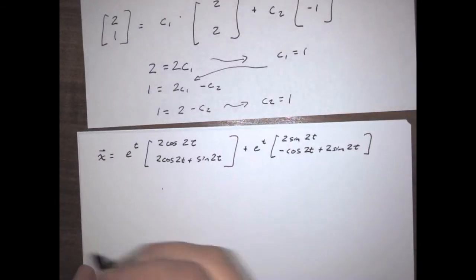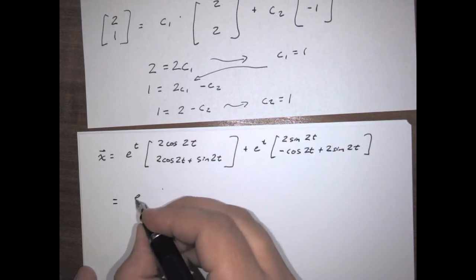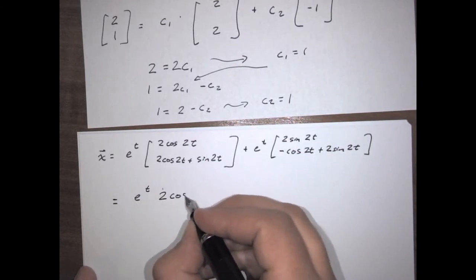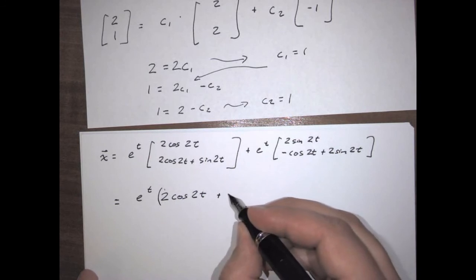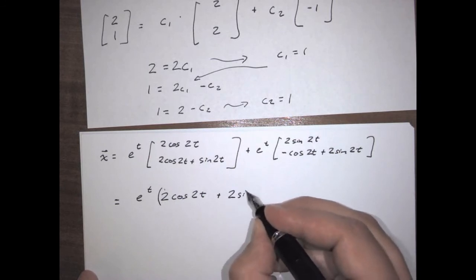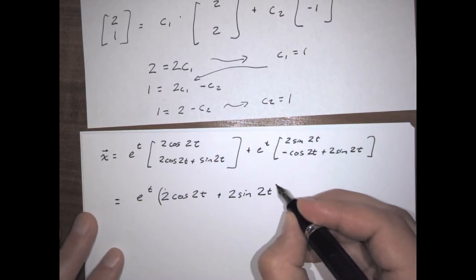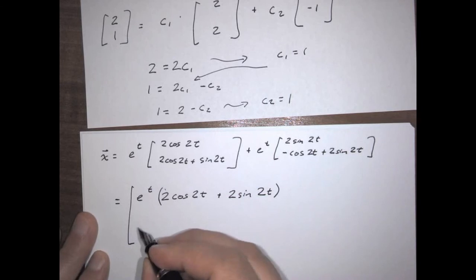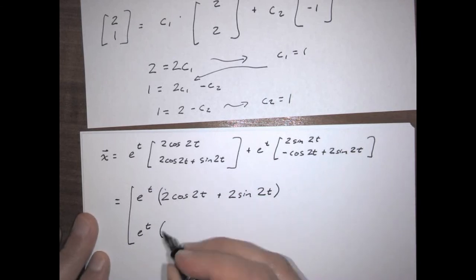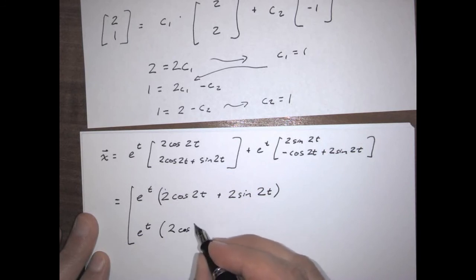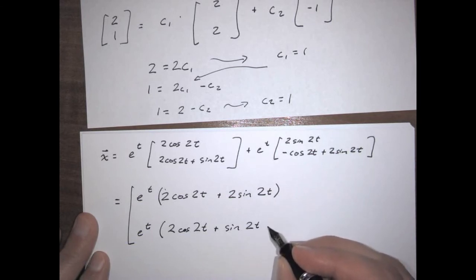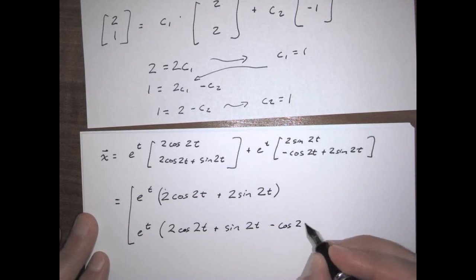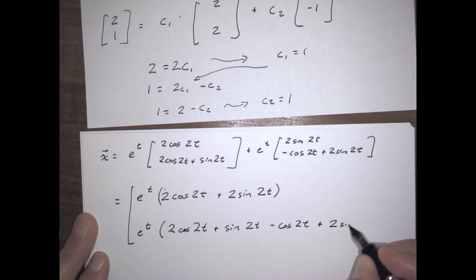And then, if I wanted to, I could combine those together and have e to the t 2 cosine 2t plus, and I can factor out the e to the t, 2 sine 2t, and that would be the first one, and then the second one would be e to the t times 2 cosine 2t plus sine 2t minus cosine 2t plus 2 sine 2t, so I can then combine like terms a little bit.